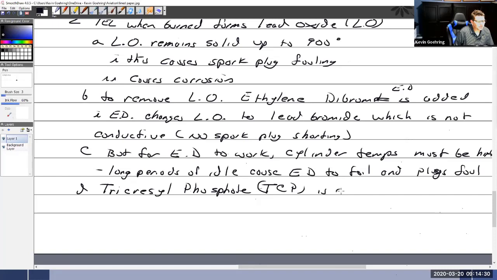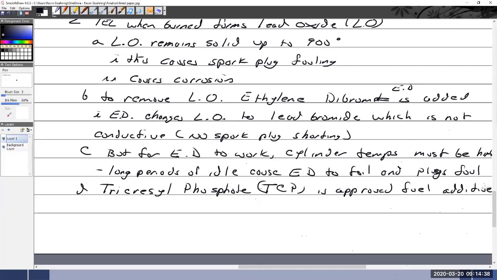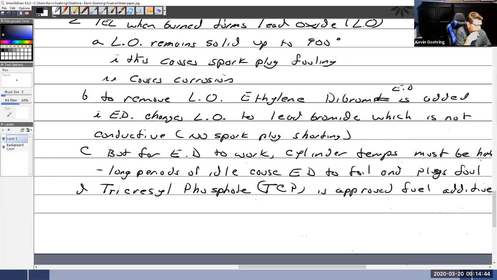It's an approved fuel additive. Oh, that's what I was thinking of. There's something you can pour in your gas. It's supposed to help with the lead scavenging. There you go. That's exactly it. It's an approved fuel additive to help reduce lead bromide in cylinders. And so there you go.